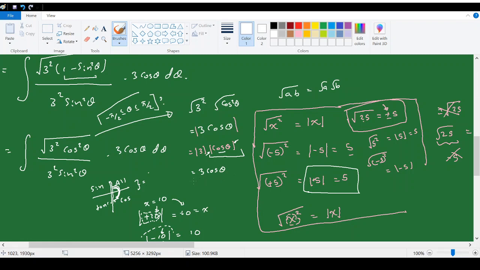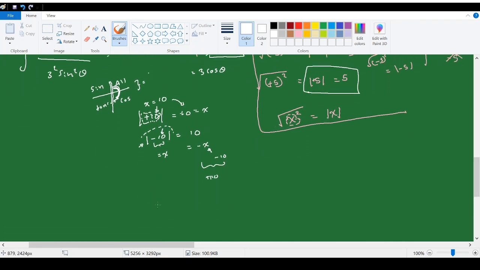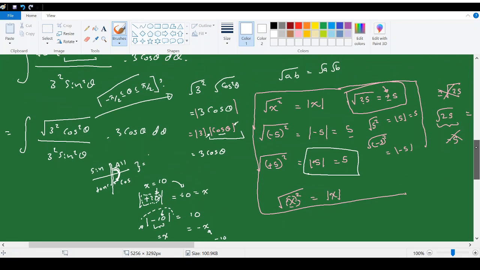So that's the importance of having a range for the angle. Once we are done with that, it's just a matter of simplifying the trigonometric terms.